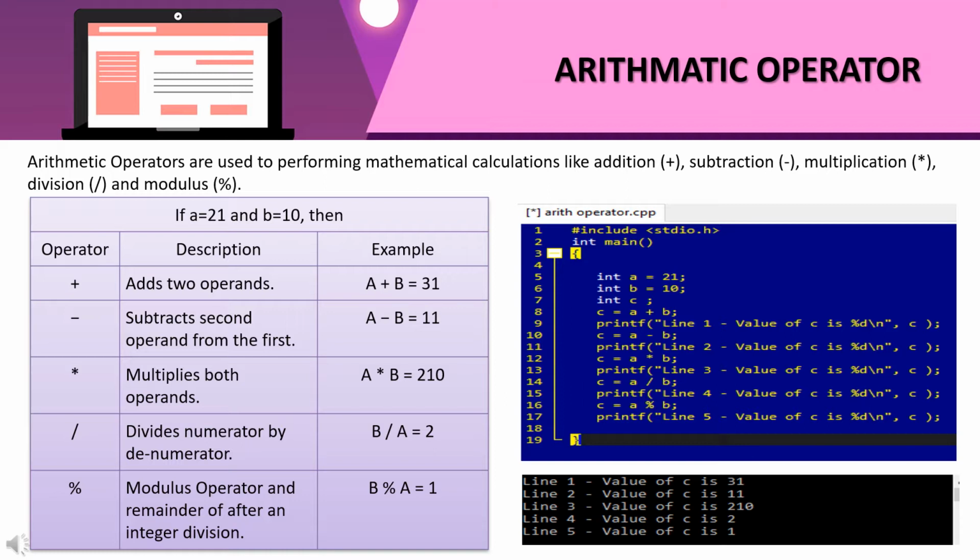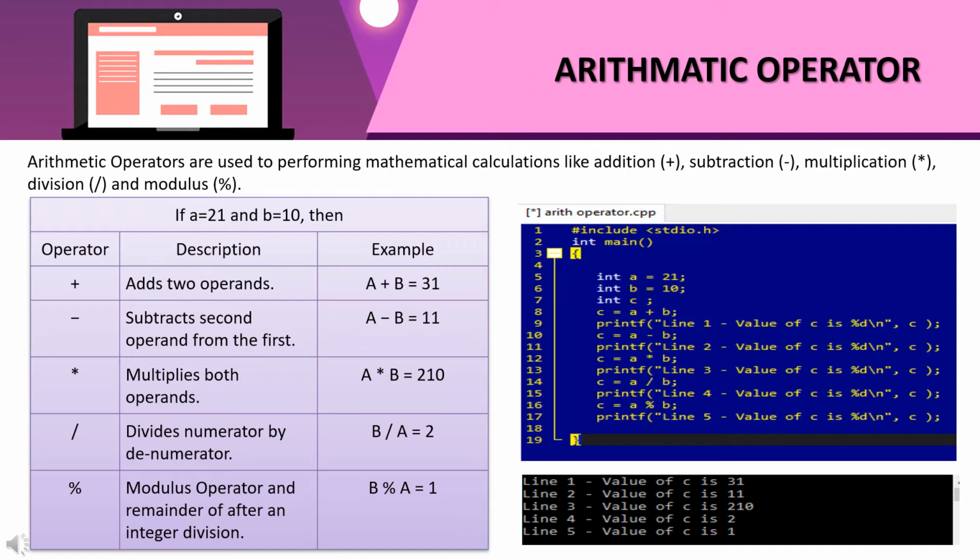And the minus operator, the subtract, subtracts the second operand from the first operand, and the result will be a minus b equals 11. The next operator is multiplication. It multiplies both the operands and the result will be a multiplied by b equals 210.